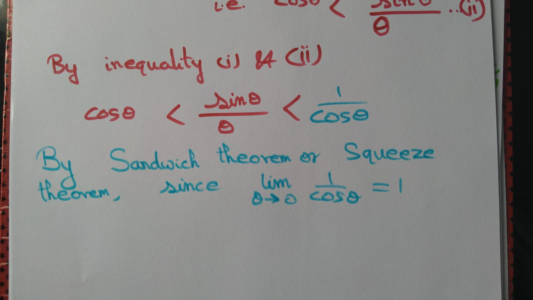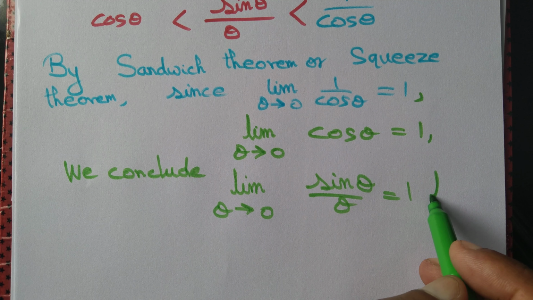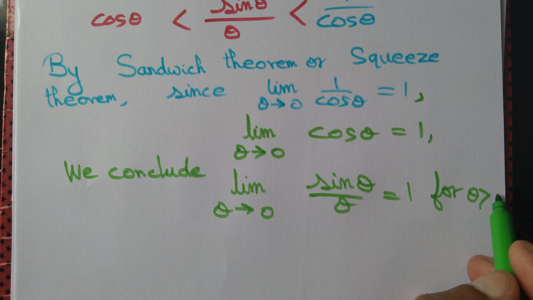The right hand side of the inequality is approaching 1, left hand side is also approaching 1, so the middle also has to approach 1. We conclude by sandwich theorem, limit theta tends to 0, sin theta by theta equals 1 for theta greater than 0.